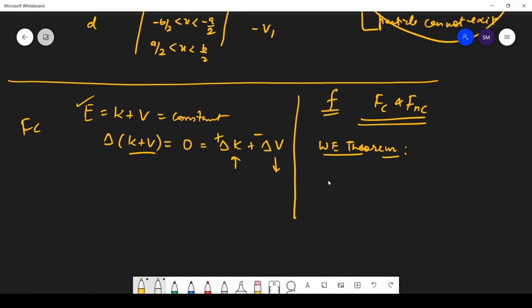By the work energy theorem, work is equal to change in kinetic energy. And what is the work? I told you that it is the work by all the forces. So let us combine all the forces, conservative and non-conservative, and delta x is the displacement.